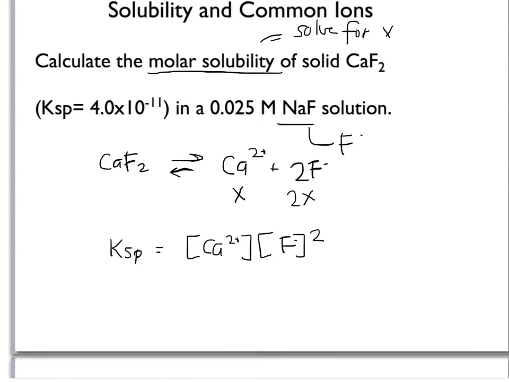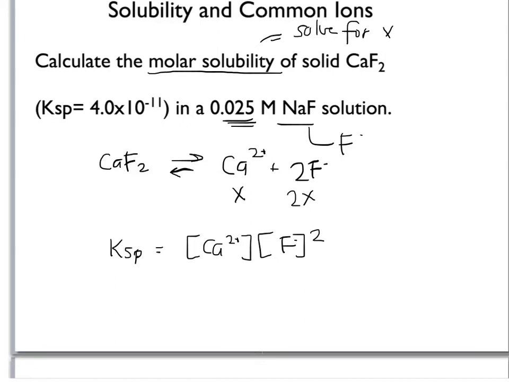Now, we're given the molarity of the fluoride ions in solution, and it's going to be so much higher than the concentration of F negative from the calcium that we can say all of the fluoride ions are coming from the sodium fluoride.